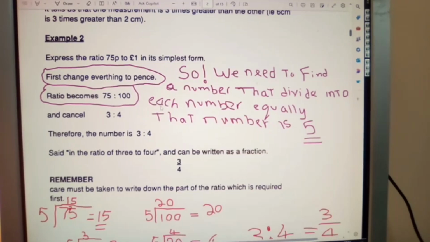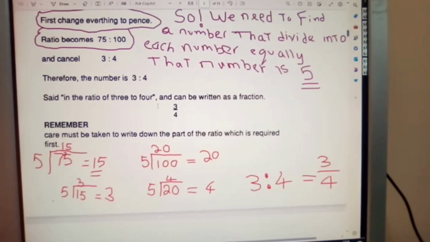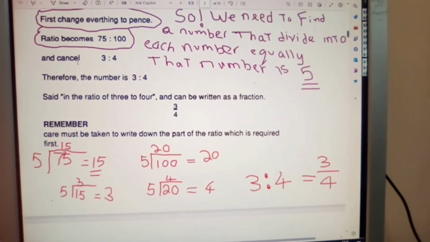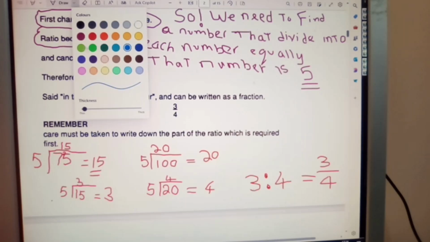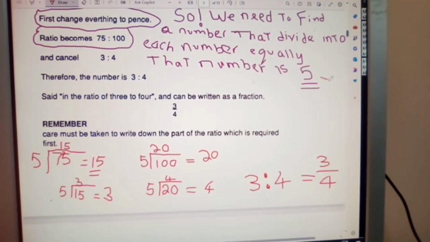That's what I'm trying to show you, how we achieve that. Now, let me just get a pen. This here refers to all of this here, okay?